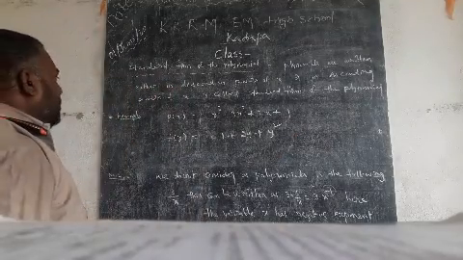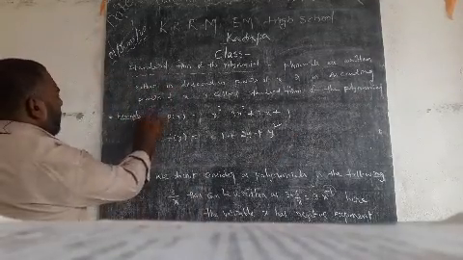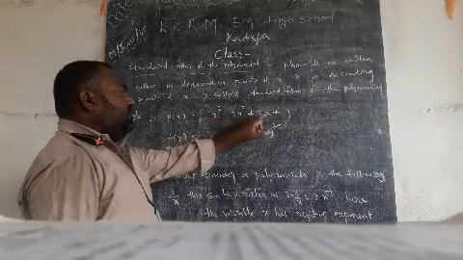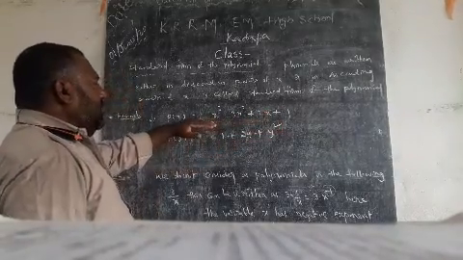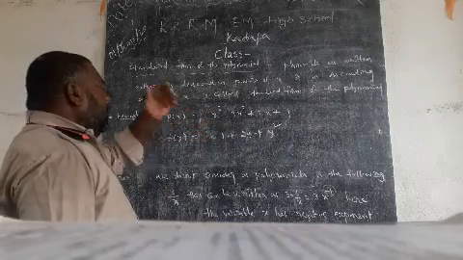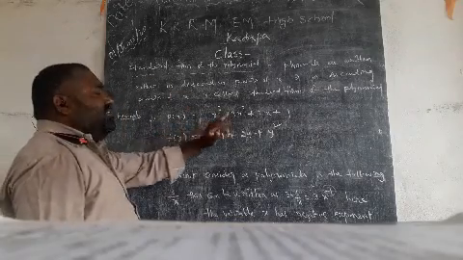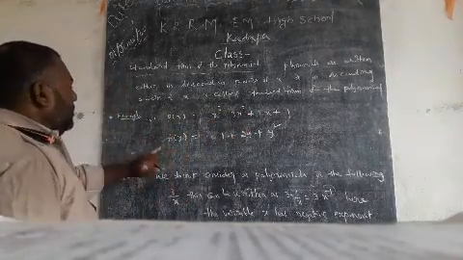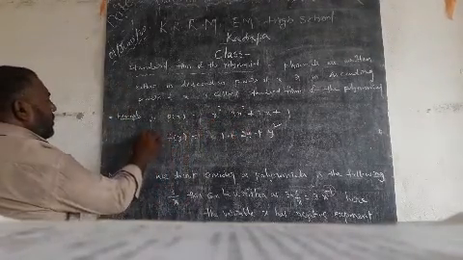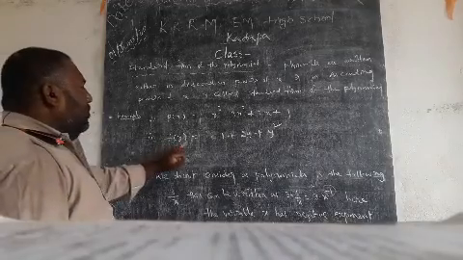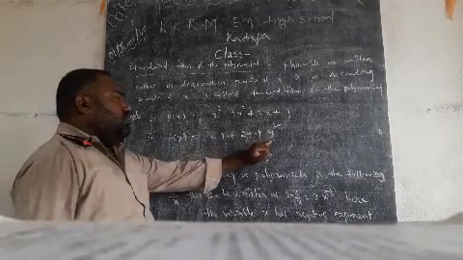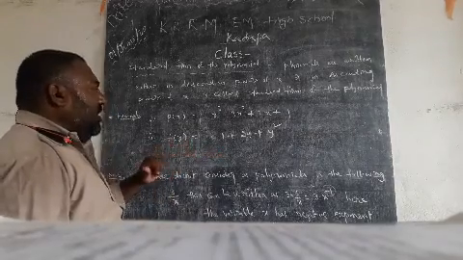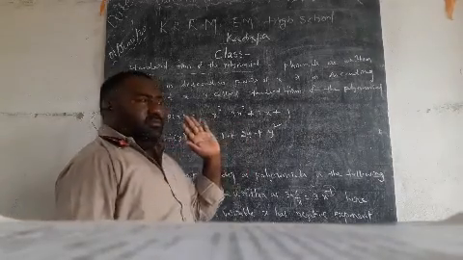The first polynomial p of x is in standard form in descending order. The second, f of y equals 1 plus 2y plus y square, is also in standard form.